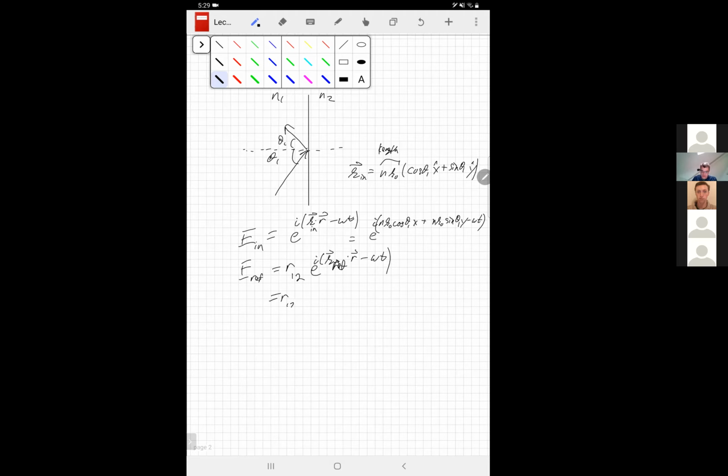So it'll be R12 e to the i times minus n k naught cosine theta 1 x plus n k naught sine theta 1 y minus omega t. And then the transmitted component will have a transmission coefficient, again e to the i times, let's see, now it's going at an angle theta 2. And I should have been writing n1 for all of these.